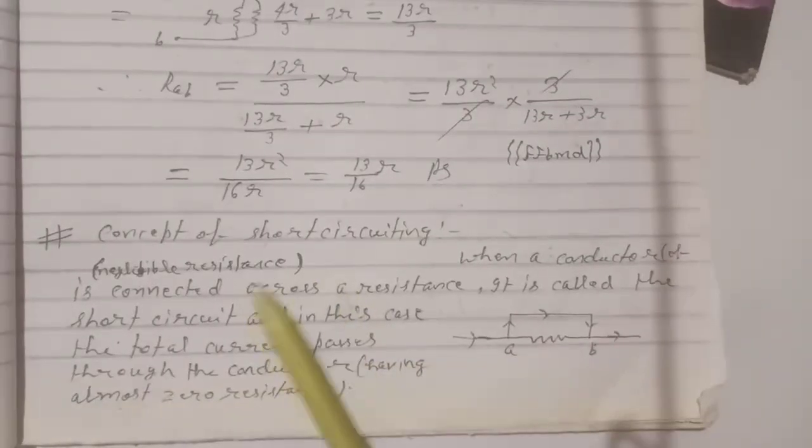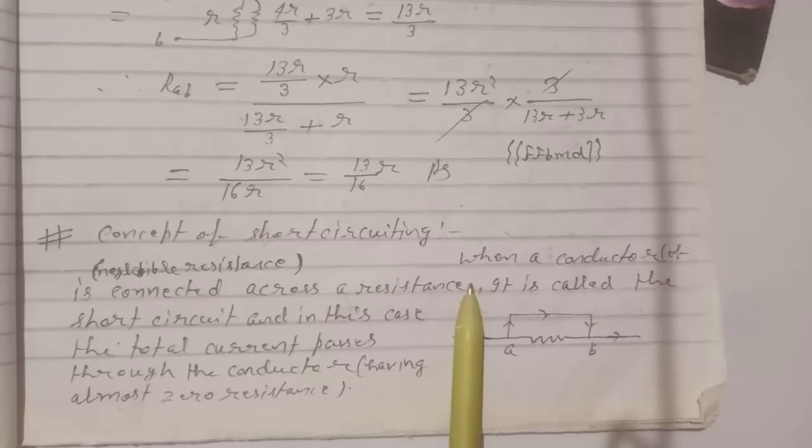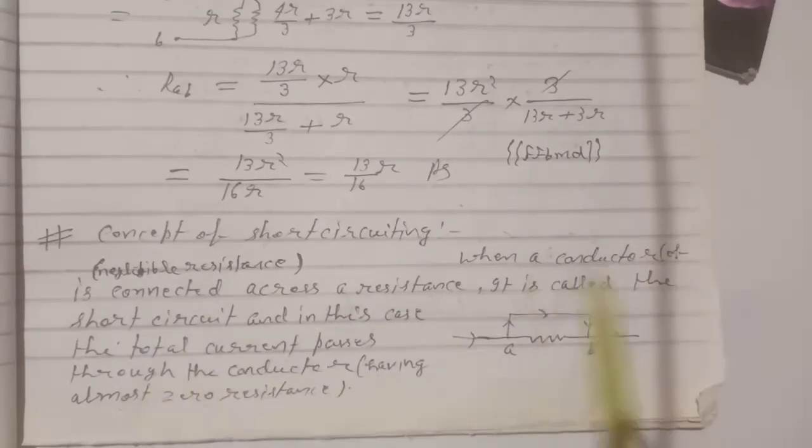Now the next concept is the concept of short circuiting. Here we will know about what short circuiting is. So first let's see the definition. When a conductor of negligible resistance is connected across a resistor, it is called a short circuit, and in this case the total current passes through the conductor having almost zero resistance, and across a resistor means parallel to the resistor.